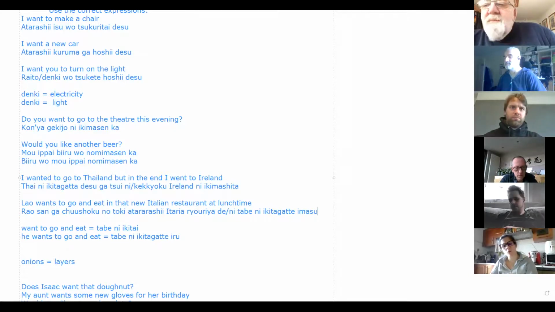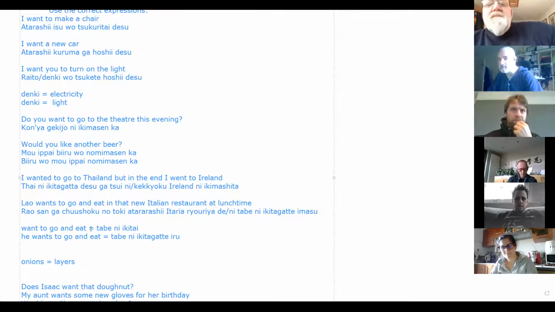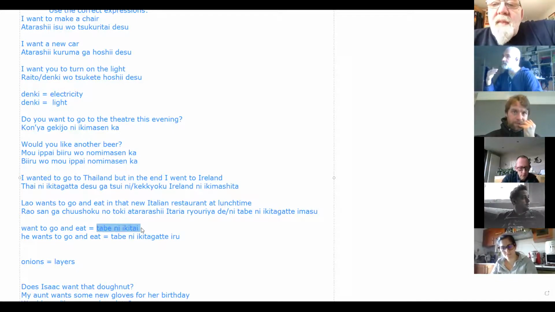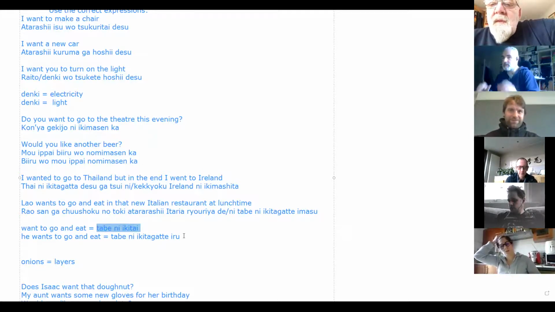I would say why we don't put the tabete ni ikimasu, because then you start having all these different bits in the sentence which are referring to different people, basically. But for example, this part here, tabe ni ikitai, just means wants to go and eat. That's exactly what I've got here.